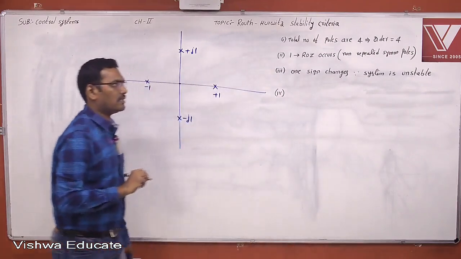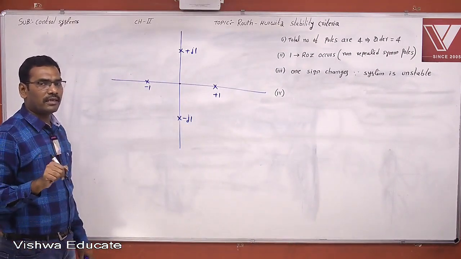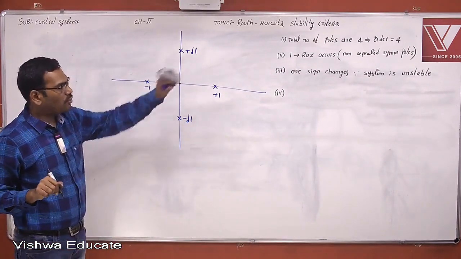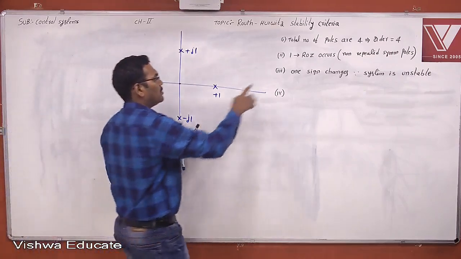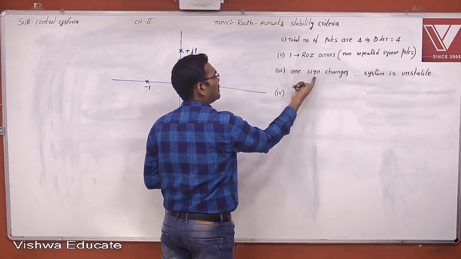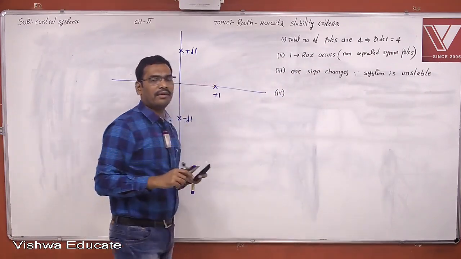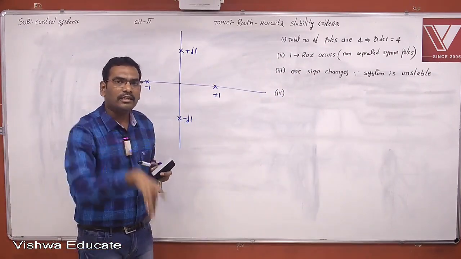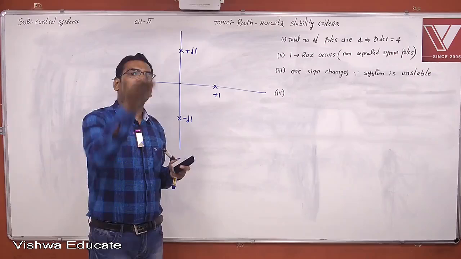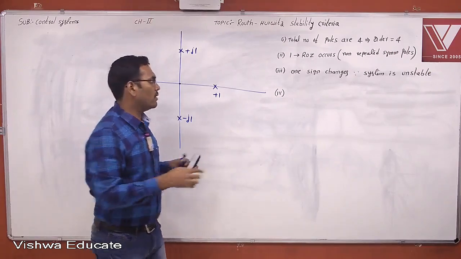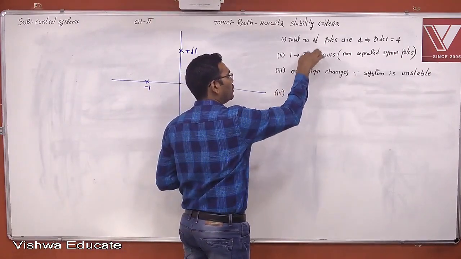Now the system is unstable. Now my question is, here the row of zeros occurs and here the sign change occurs. Just now I gave one concept: the sign change is below row of zeros, or the sign change is above row of zeros. This sign change is coming below this row of zeros.